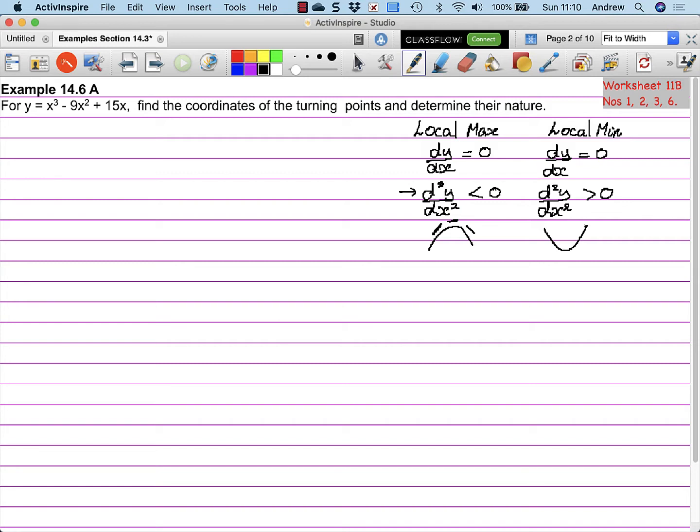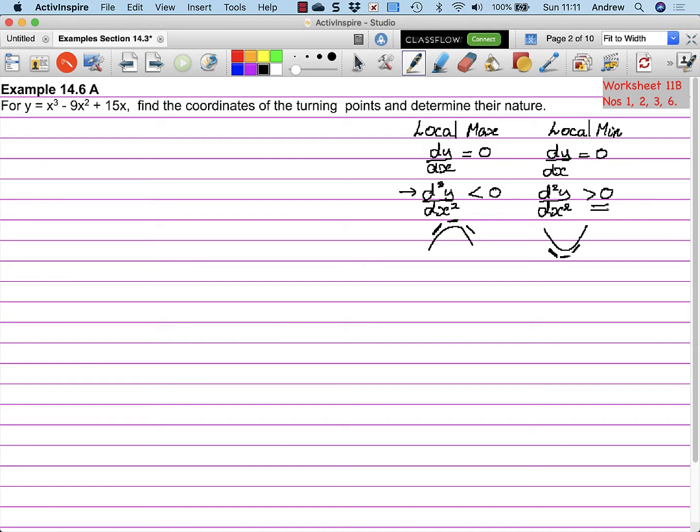As we're coming in to the local minimum, the slope is negative. When we get to the local minimum, the slope is 0. And when we come out the other side, we've got a positive slope. So what's the overall change in the slope? At a minimum, the overall change is from negative to positive, so it's a positive change in the slope. Hence d2y by dx squared is greater than 0.